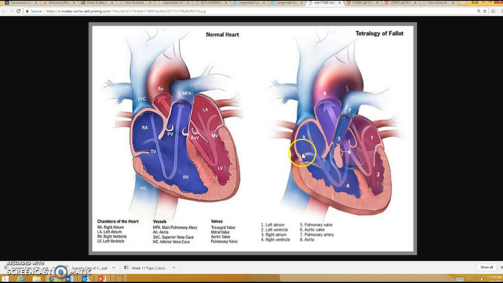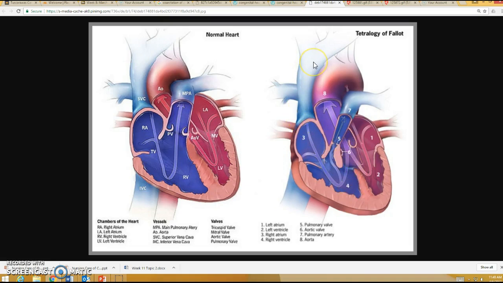So this is going to increase pressure on the right side because it can no longer easily send blood up into the pulmonary artery. Then you'll see we have a septal defect. It's a very large septal defect, and it actually opens into the left ventricle as well as into the aorta.